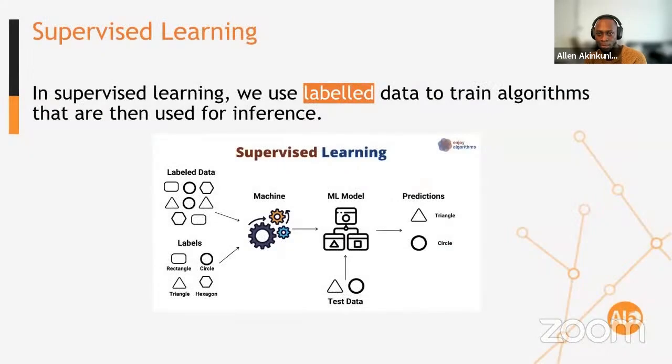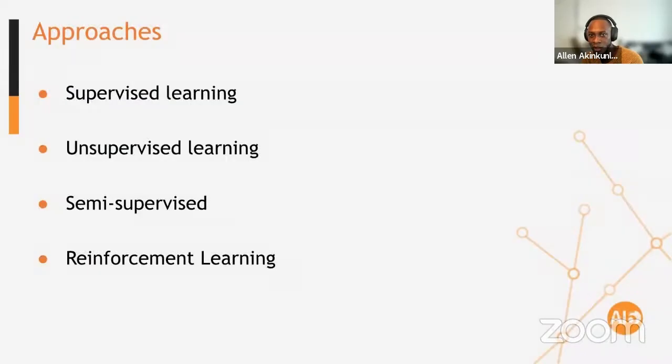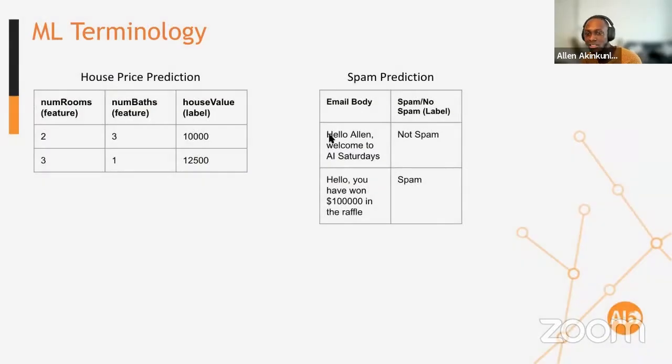Yeah, so supervised learning. Keep in mind, everything obviously needs data. In supervised learning, we use labeled data to train algorithms that are then used for inference. And the keyword here is labeled data. If I go back a few slides, the labels are this.